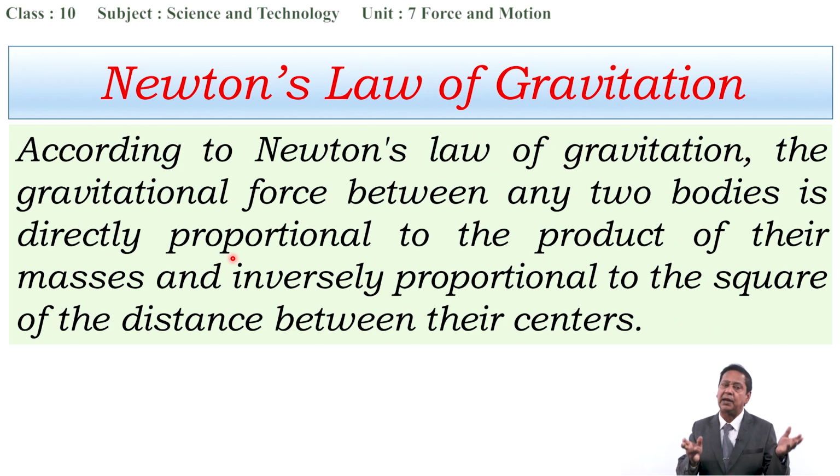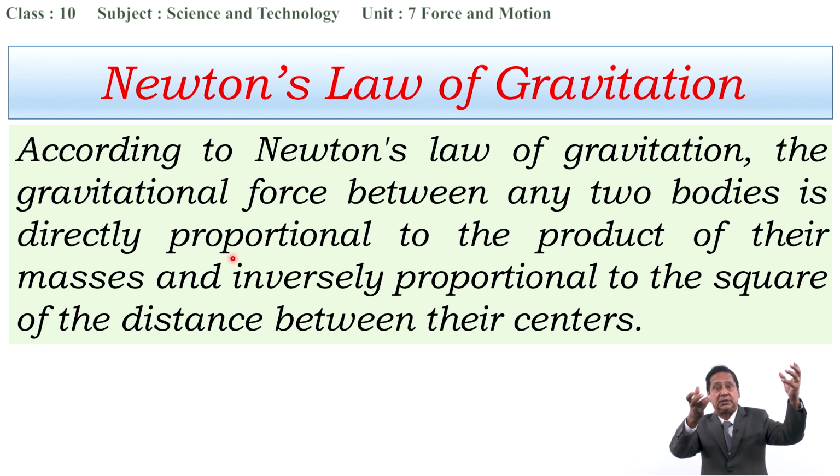What is the meaning of directly proportional? First we have to understand this. You are taught in class 9 also. If one physical quantity increases, then another also increases with it. Then this is called directly proportional. Is this clear? Let's say a little more about this.